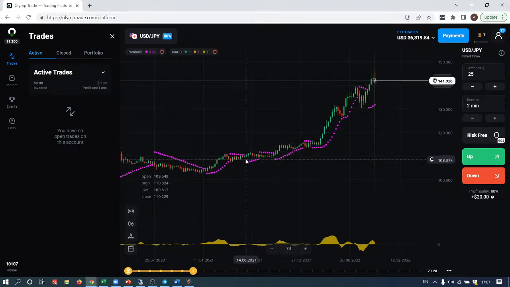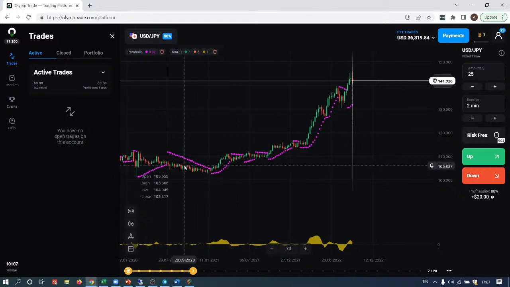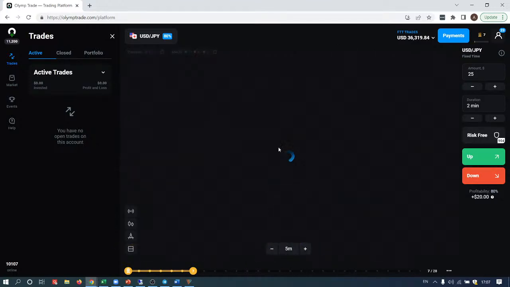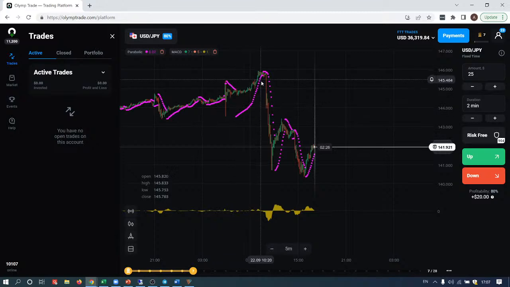Last year we were trading at around 110 and maybe even under, and now we are trading at 142, and just this morning we were trading at 145 and even over. So we went up to this very critical level.